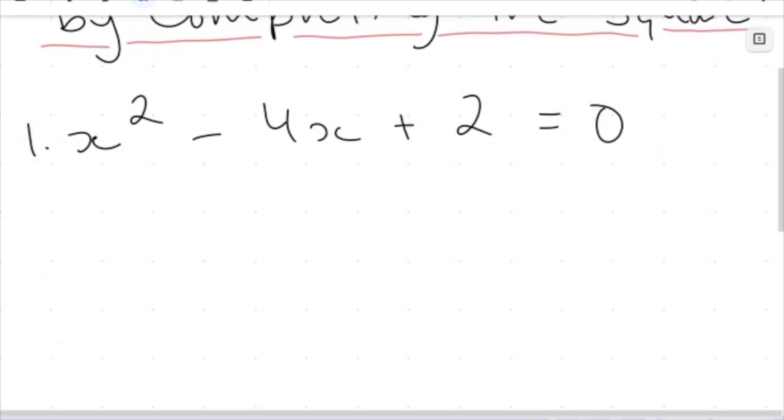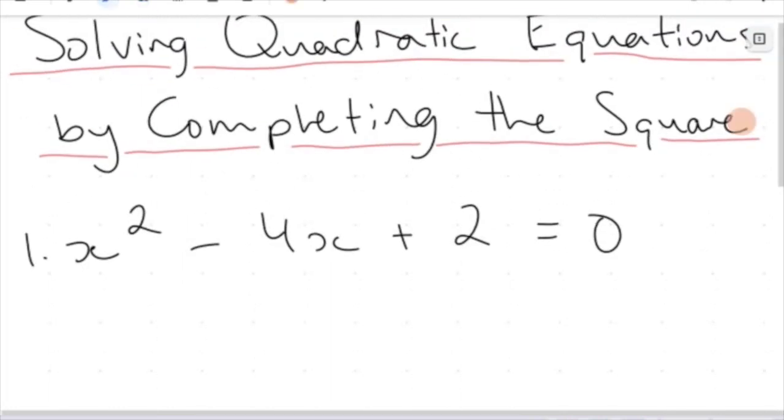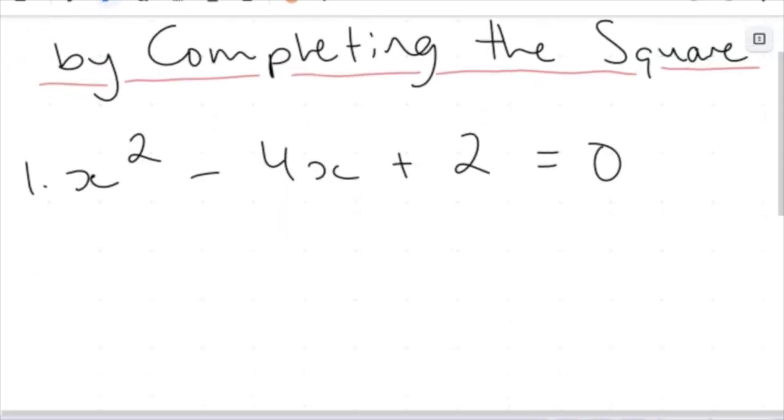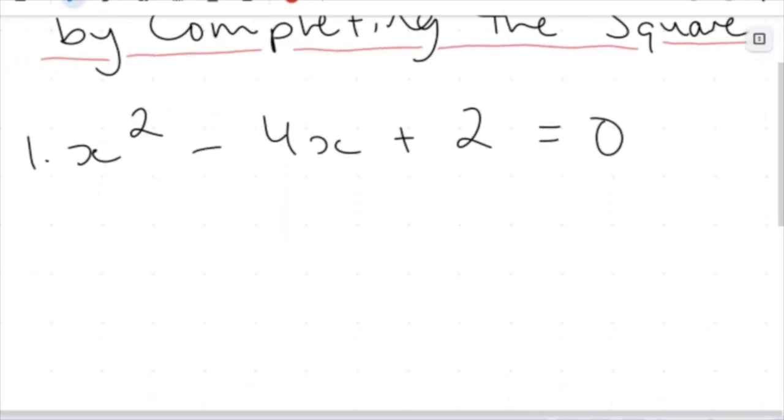So what we're going to do is factorize this by what we talked about in the previous couple of videos, completing the square. And this is going to build us up to some very unique ways of solving these types of equations. Okay, now we are going to complete the square.